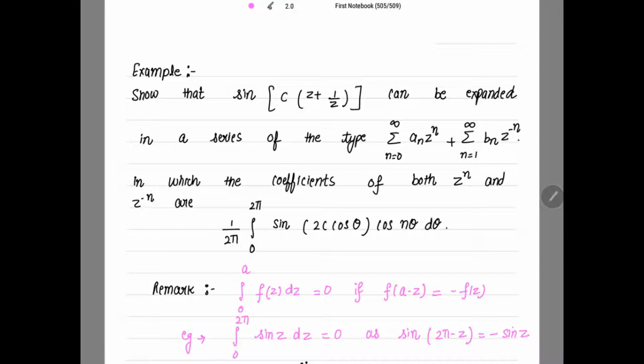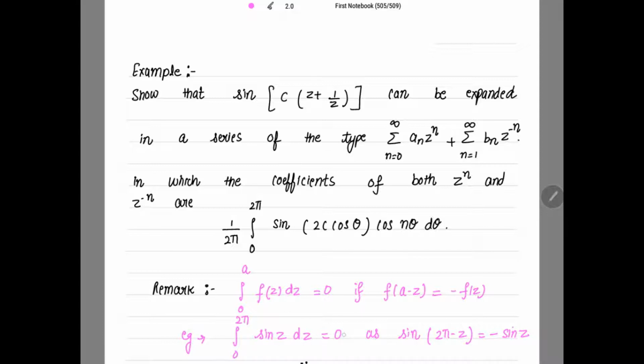Now one remark is given to us. This remark is very helpful. Integration from 0 to a of f(z) dz is equal to 0 if f of a minus z is equal to minus of f of z. If I put a minus z instead of z, then I will get my result to be minus of f(z), right? For example, the integration of sine z from 0 to 2 pi dz is equal to 0.